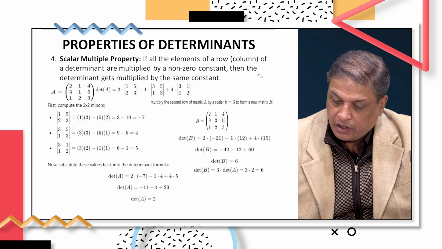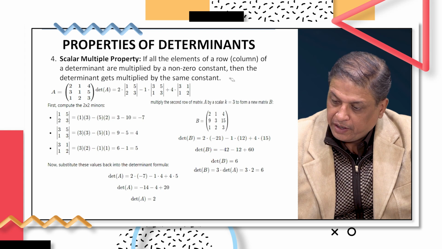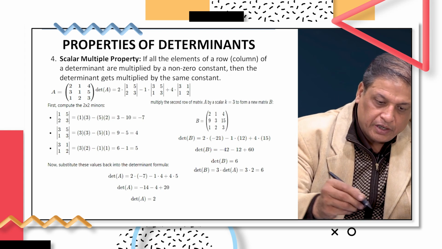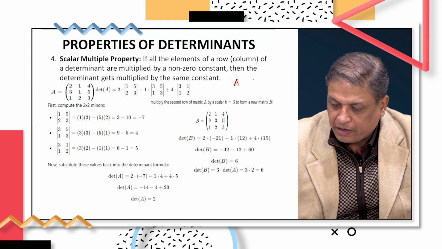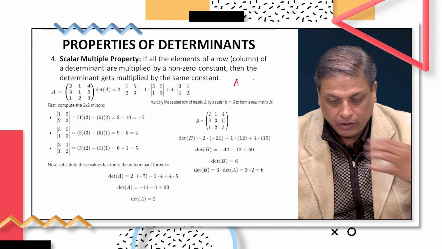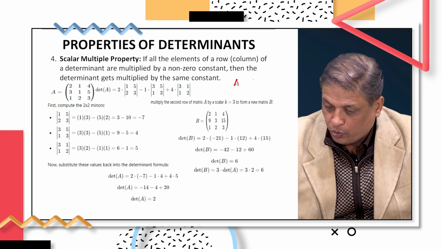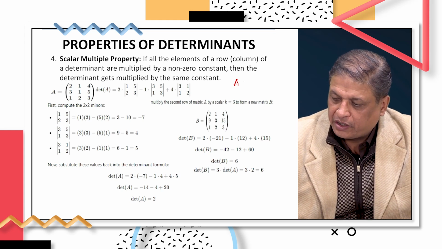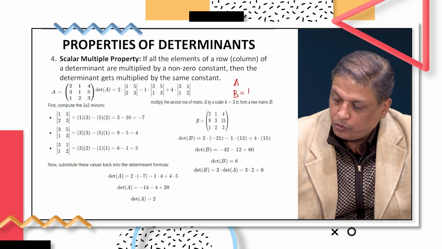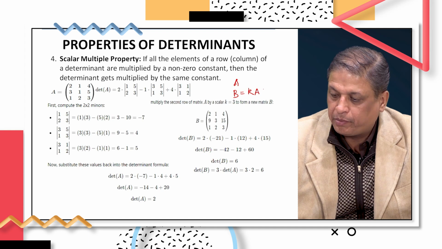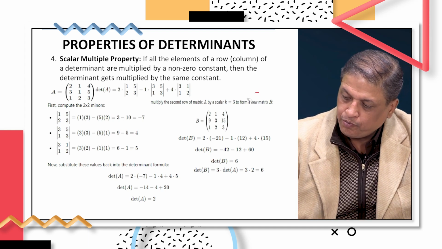So that means if you have some determinant A, and we multiply some specific row with some constant K, then the new determinant B will be equal to K times the value of determinant A. You will better understand this when we solve this numerical.